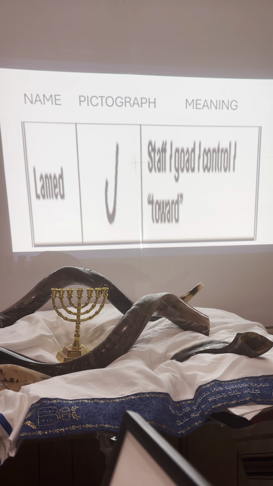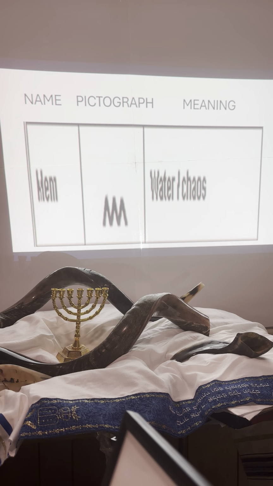Then we have Lamed: staff, goal, deals with control. Then we have Mem. It has to do with water and chaos.